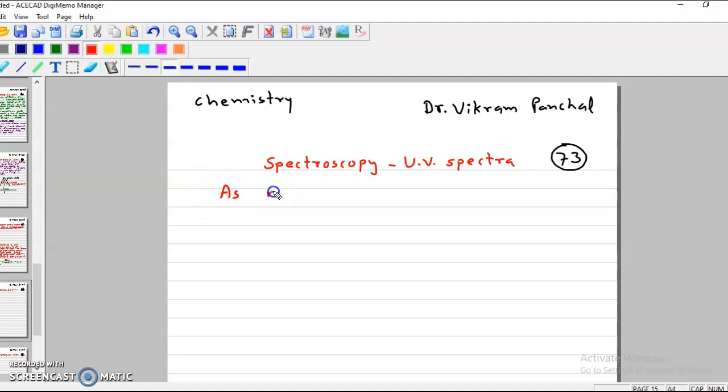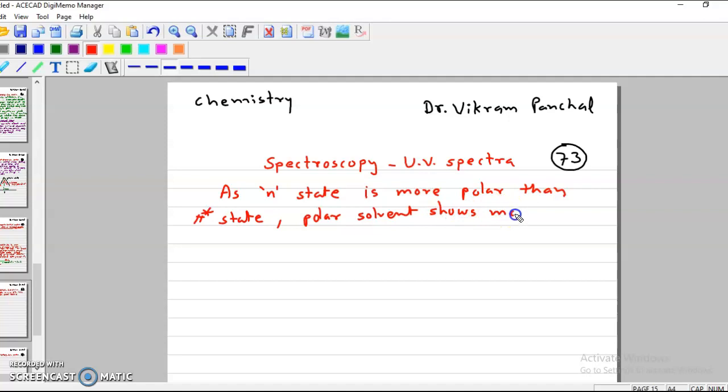But as the n state is more polar than the pi star state, because electrons are in the n state and oxygen is negative, the polar solvent shows more interaction with the n state than the pi star state.